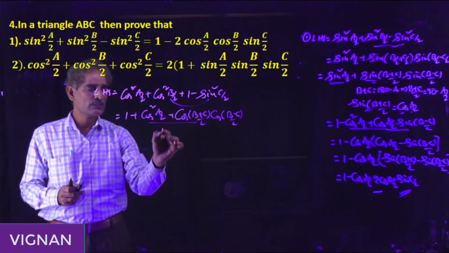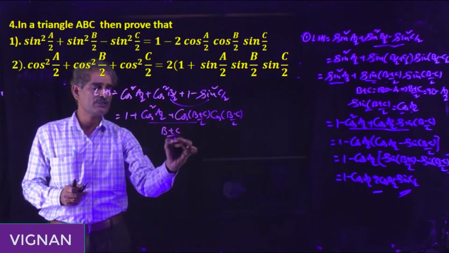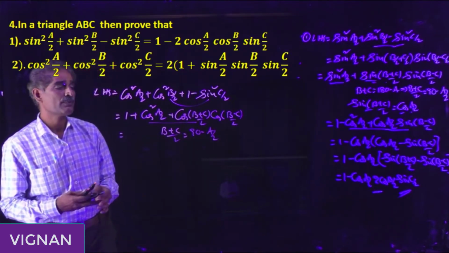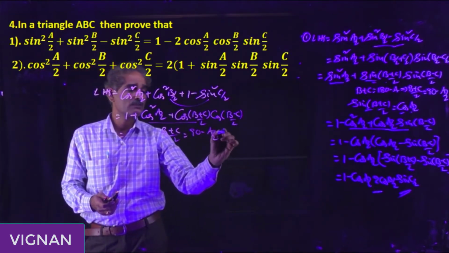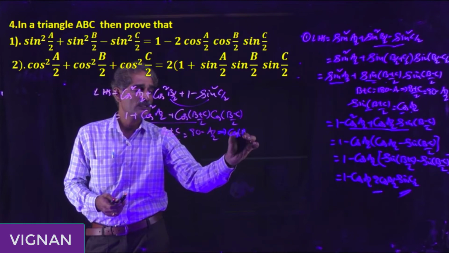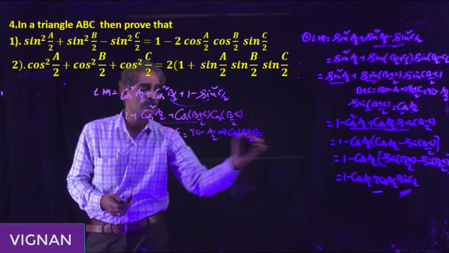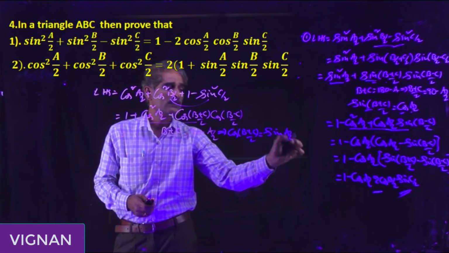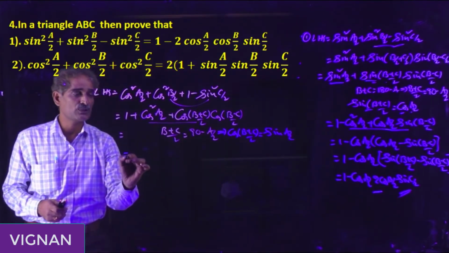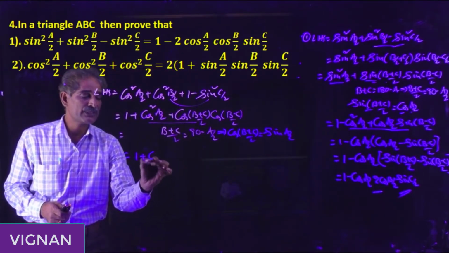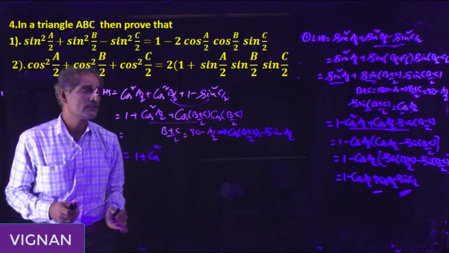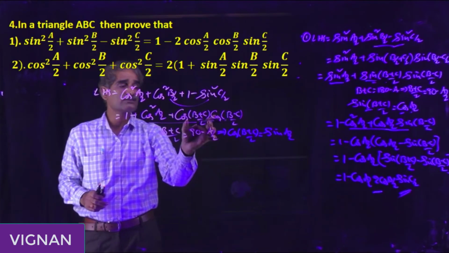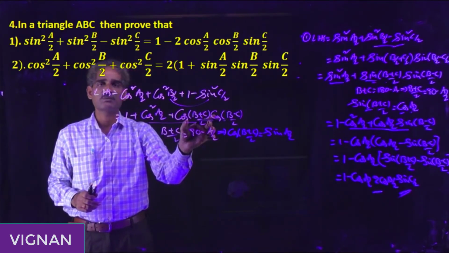Here find out cos (B plus C)/2. (B plus C)/2 is equal to 90 minus A by 2. If you apply cos on both sides, cos (B plus C)/2 is equal to cos (90 minus A by 2), which is sin A by 2. Just replace cos (B plus C)/2 by sin A by 2. Here we are writing sin A by 2 in terms of cos (B plus C)/2.